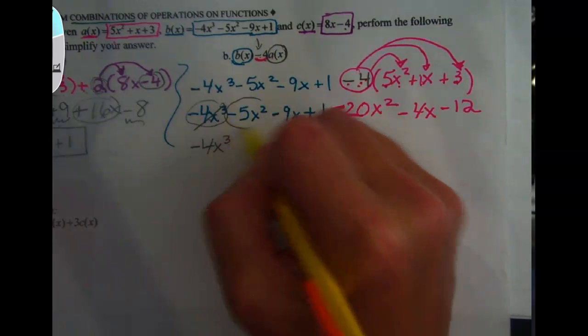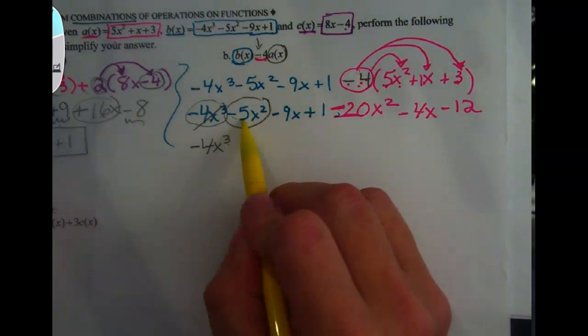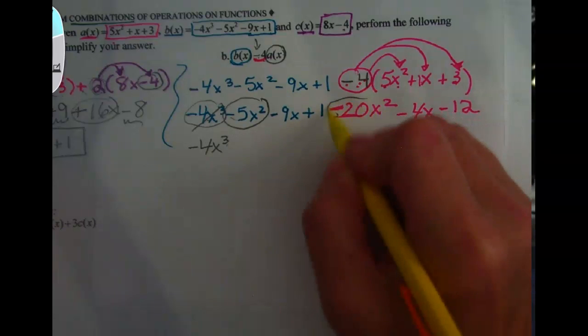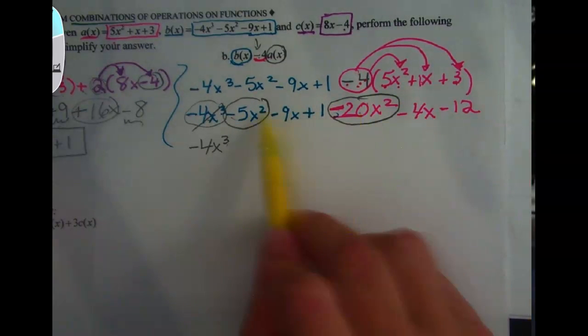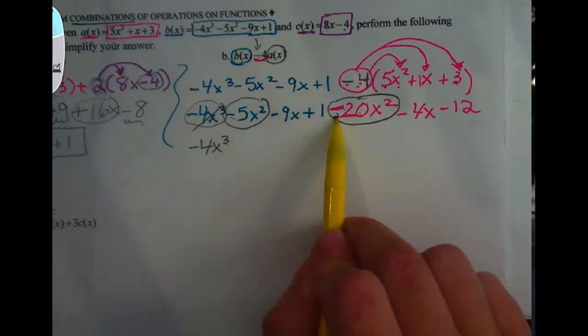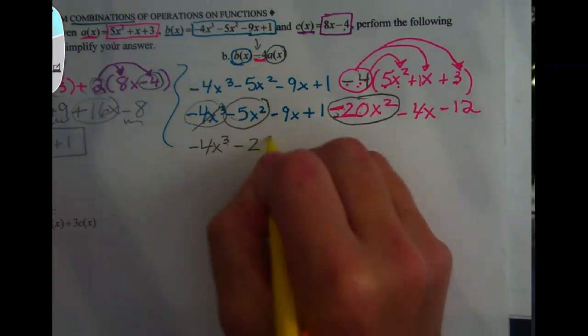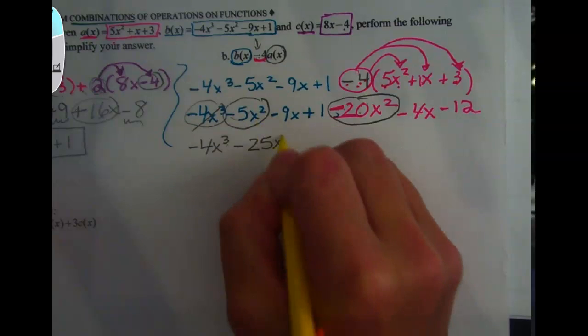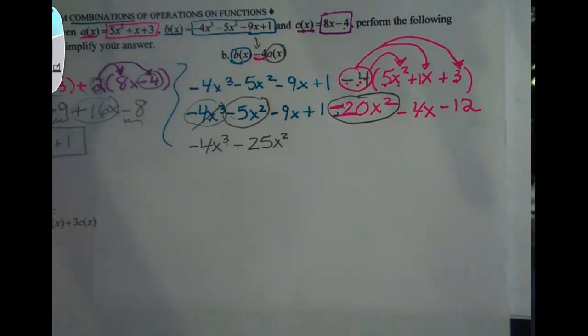I have a negative 5, and I have a negative 20x to the second. So these two can be combined. When we add a negative 5 and a negative 20, we get a negative 25. And remember, this stays the same. We're not doing anything with that. So I used those, I'm going to cross those out.